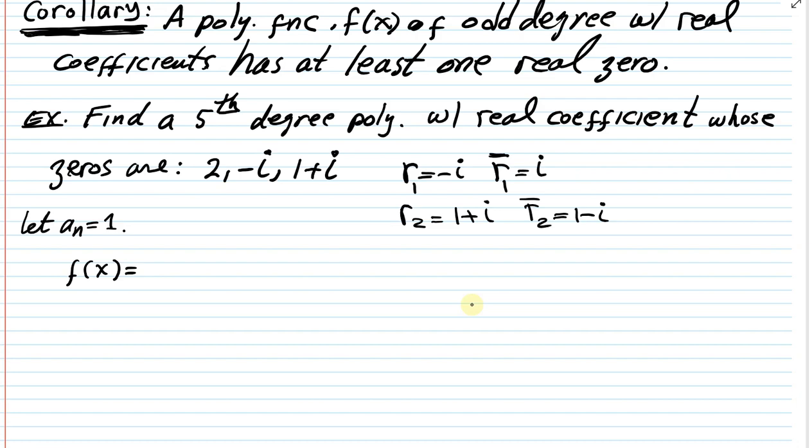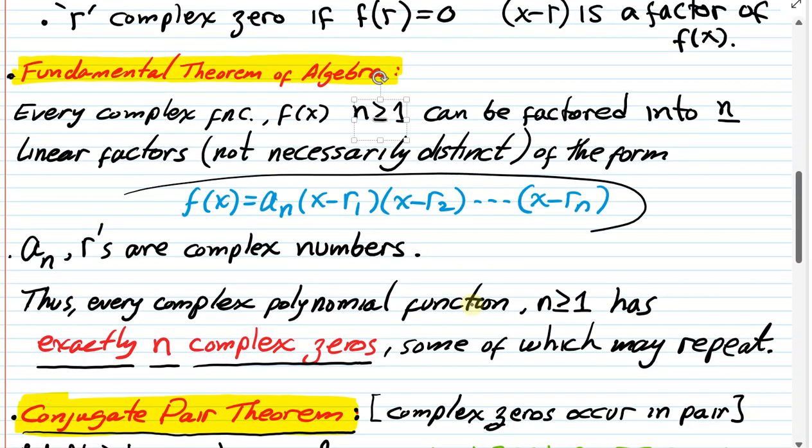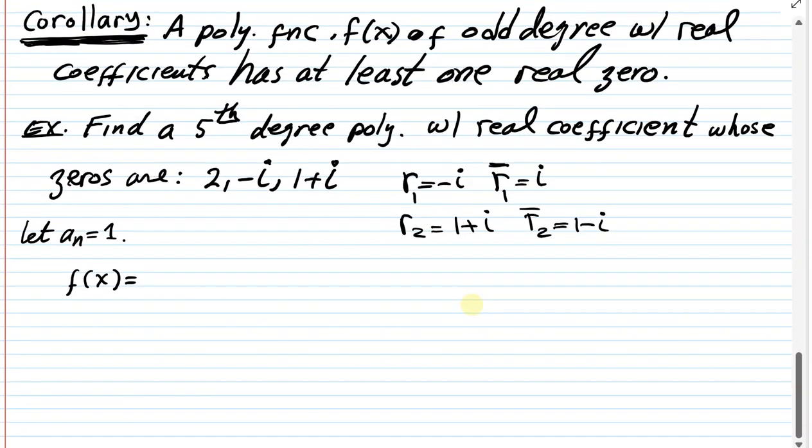So the solutions, and remember earlier what we set up here by the fundamental theorem of algebra, those are the factored form of the polynomial. Okay, and I know it's complex, but it also works with non-complex polynomials. So f of x is going to be x minus c, x minus the root. Next one would be x minus i, x plus i.